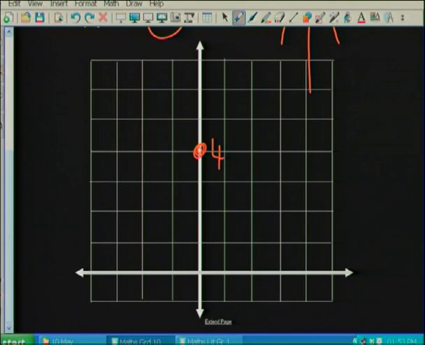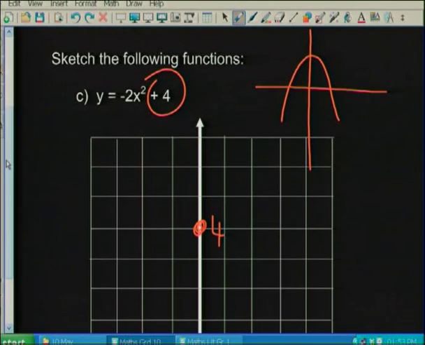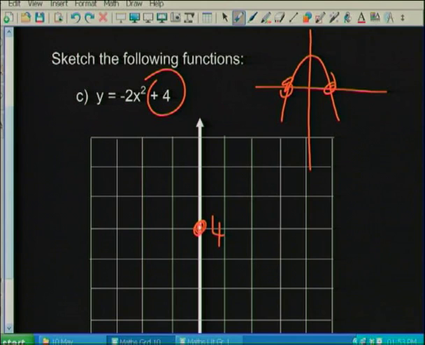Now, if I look at my rough sketch, I can see that this graph is going to have an x-intercept. So I don't have to use a table like I did previously to get extra values. I can just calculate the x-intercepts, and I do that by putting y equal to 0. So I'm going to say minus 2x squared plus 4 is equal to 0.